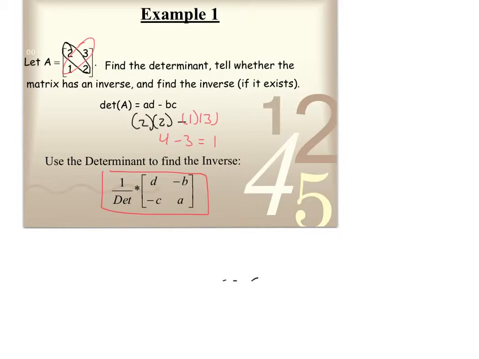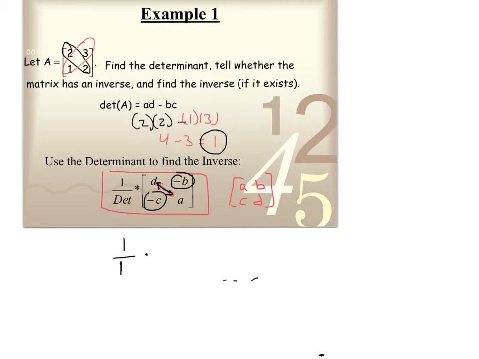And notice what happens here: these spots from the original one are A, B, C, and D. So if we notice here, A and D switched and B and C became opposites. So I'm going to put in my determinant, which is equal to 1, and we'll do a lot more examples here. So I take 1 over 1. This one's nice because it's just multiplying by 1.